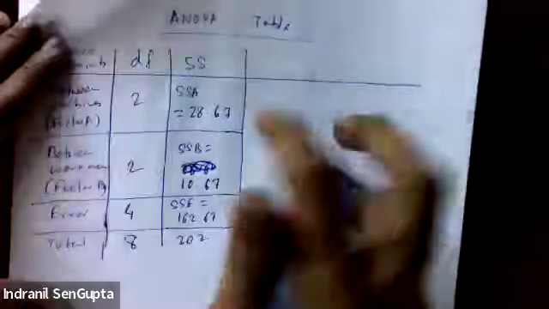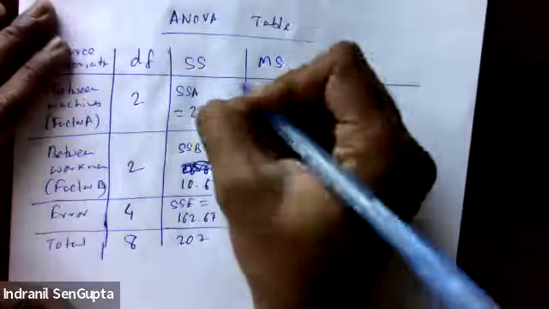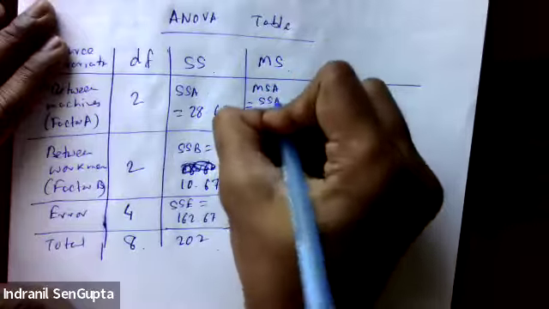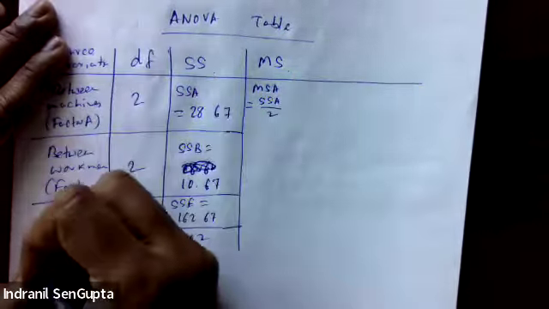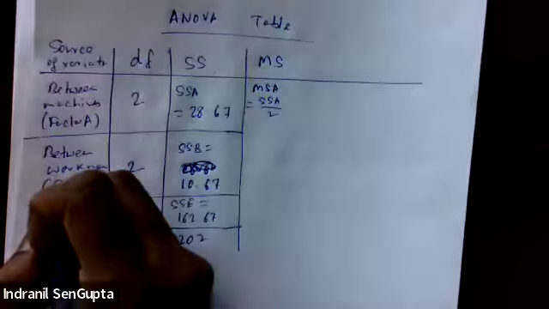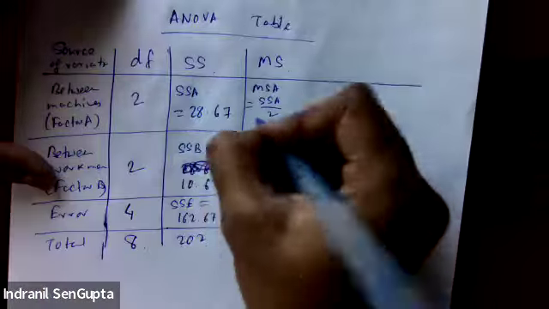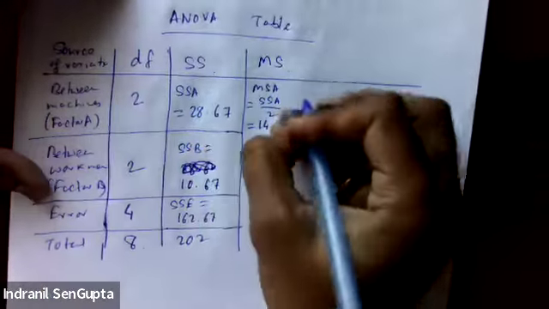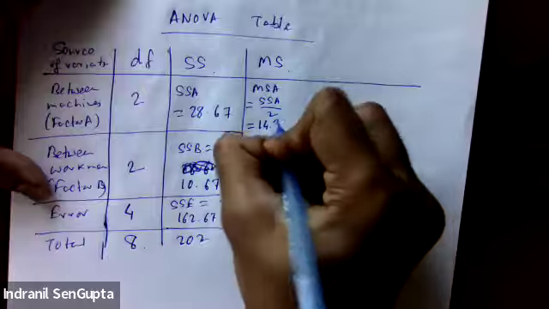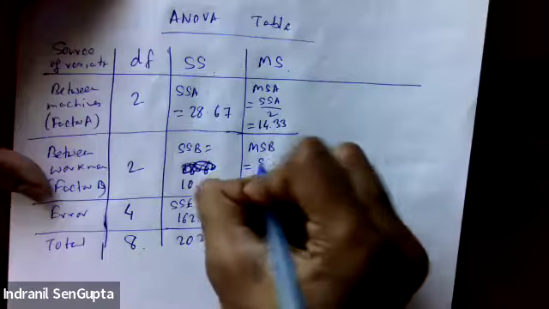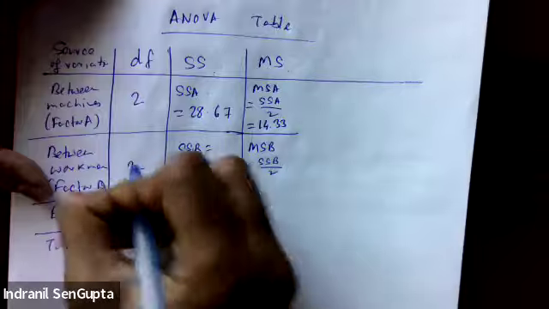Done. Next is the MS. So what is MSA? So MSA is SSA over 2, right? Degrees of freedom was 2. So if I compute the MSA over 2, that is going to be 14.33. MSB is SSB over 2 again.